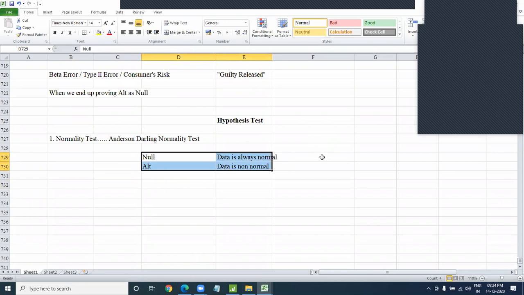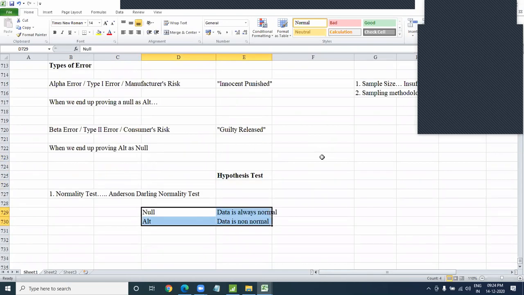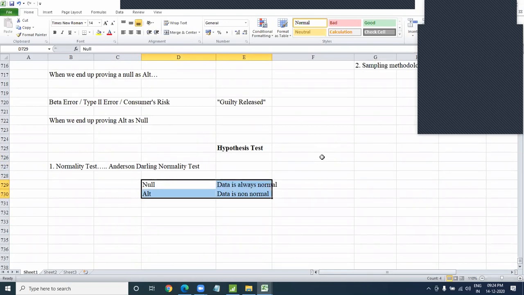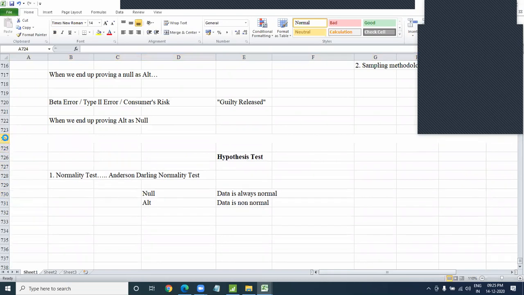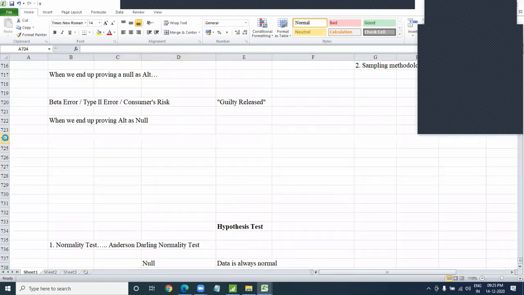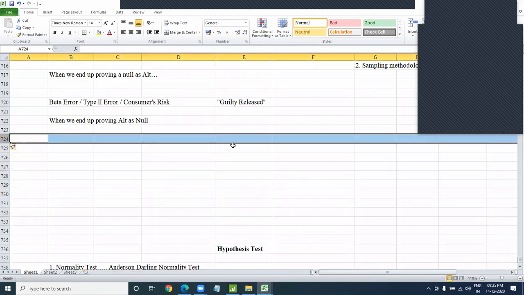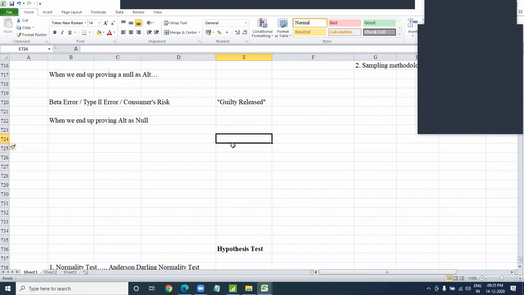The thumb rule whenever we're testing null or alternate is that the basic fundamental we have to look at is the p-value. So before we get in here, let's understand the concept of p-value, so that we understand the basic fundamentals of how normality and all these tests will happen. First, what is this p-value, which will help us understand whether the null is right or the alternate is right?